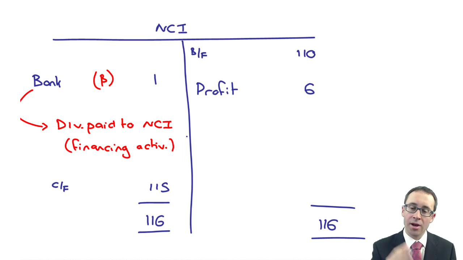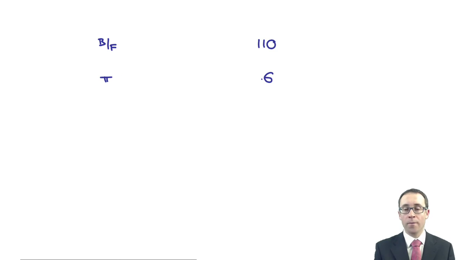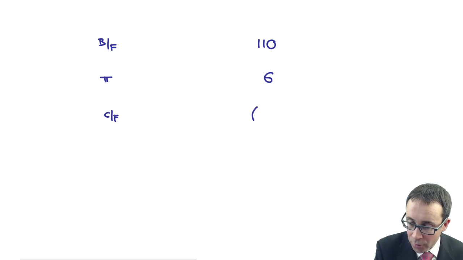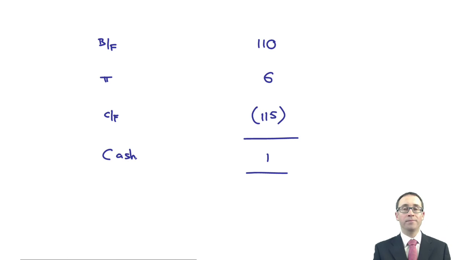Using the T account. If you don't like T accounts, I shouldn't really tell you, but it doesn't do us any harm. You can do it maybe in the shortcut method that you did in F7. So you've got 110 as your opening, you add the profit, you deduct your carry forward, which was 115, and that gives you a balancing figure, which is your cash figure of 1.